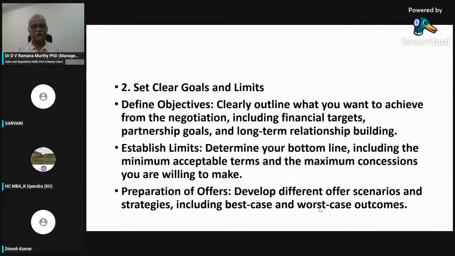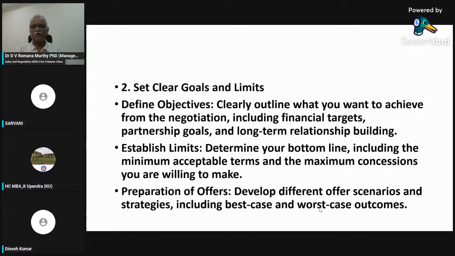The second important aspect in the pre-negotiation phase is to clearly set your goals and limits. We have already talked about it. You need to understand clearly what you want to achieve from this negotiation. Is it relationship building, networking with the client organization, or partnership goals, for example your company and their company going together in the form of a partnership, a takeover, or a joint venture?